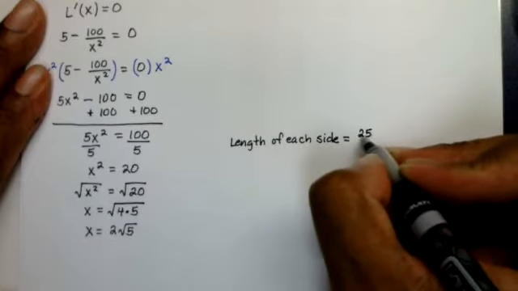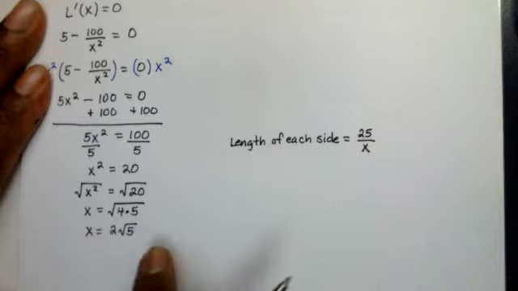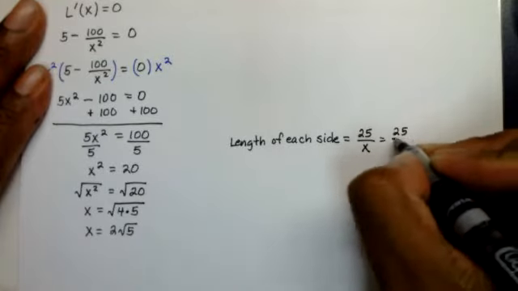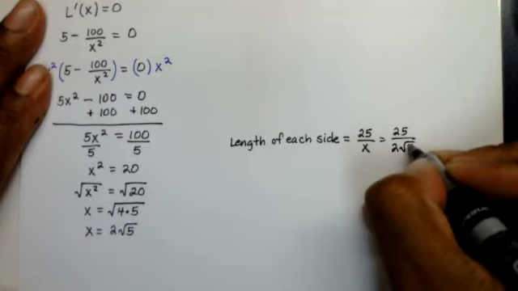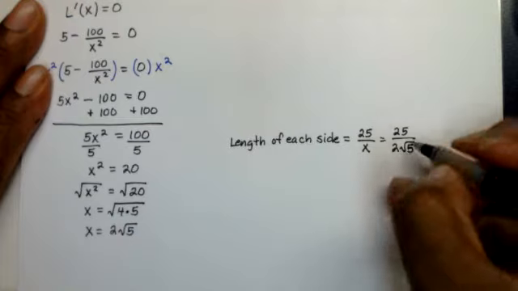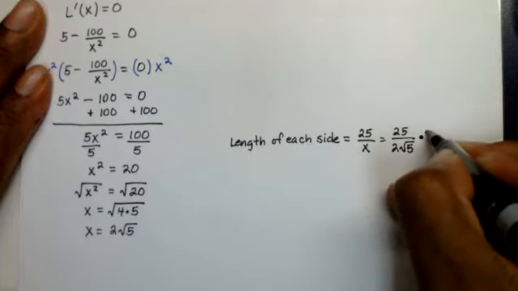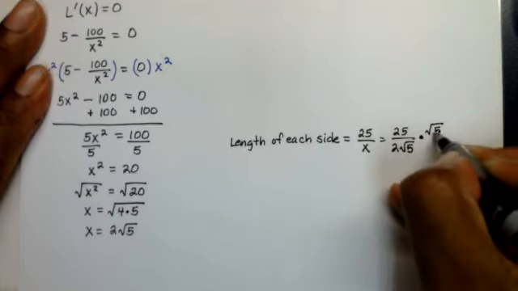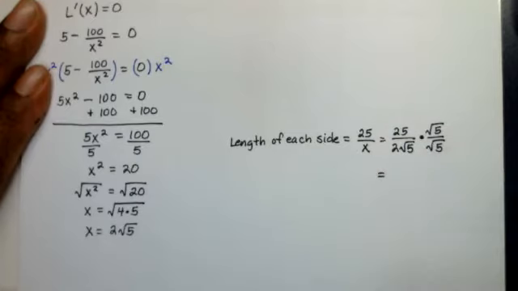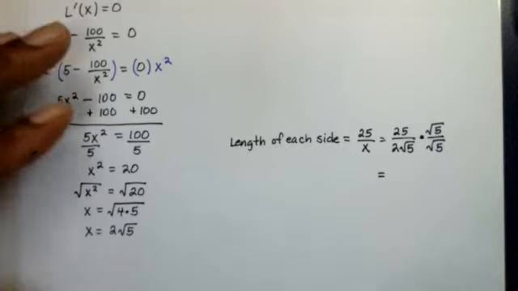It was 25 over x, and we found x to be 2 square roots of 5, so it'll be 25 over 2 square roots of 5. Now, since I got that radical in the denominator, let's multiply the numerator and the denominator by the square root of 5, so that way I can get that radical out of that denominator.